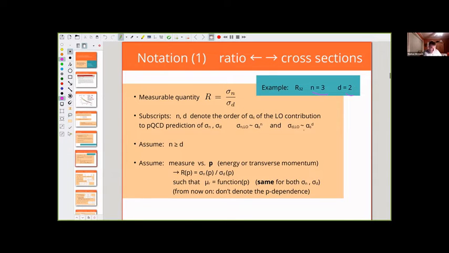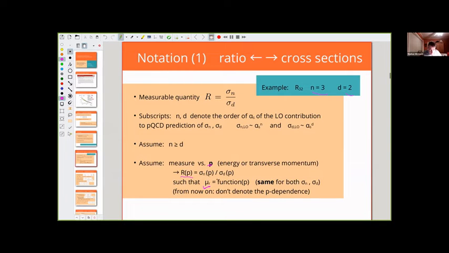So further, we assume that n is larger or equal to d, and we also assume that the ratio R is measured as a function of some quantity p related to the energy or the transverse momentum. In the ratio, both of the cross sections depend on this quantity, and p is chosen such that a simple function of it can be used to define the renormalization scale in the process.